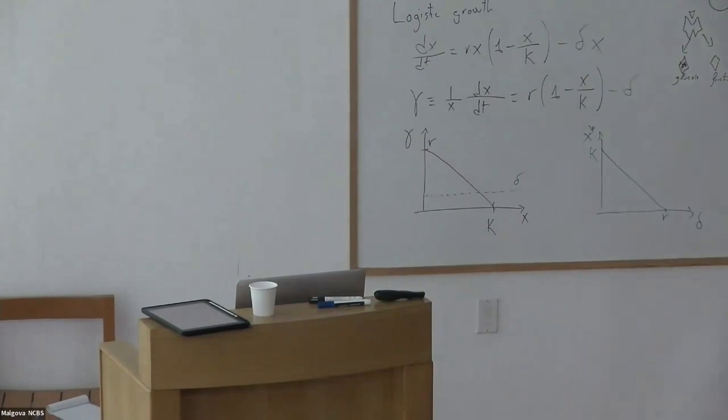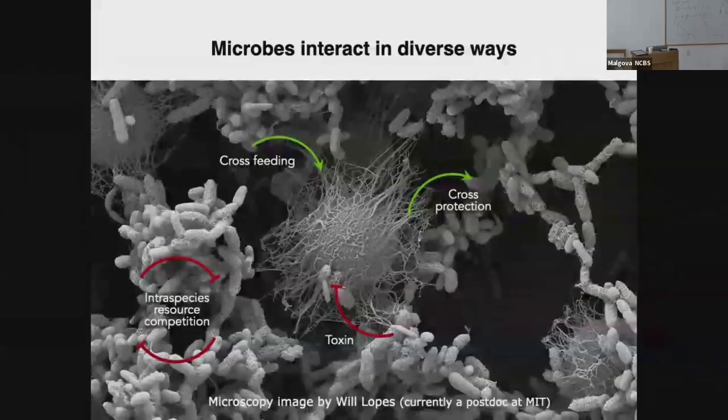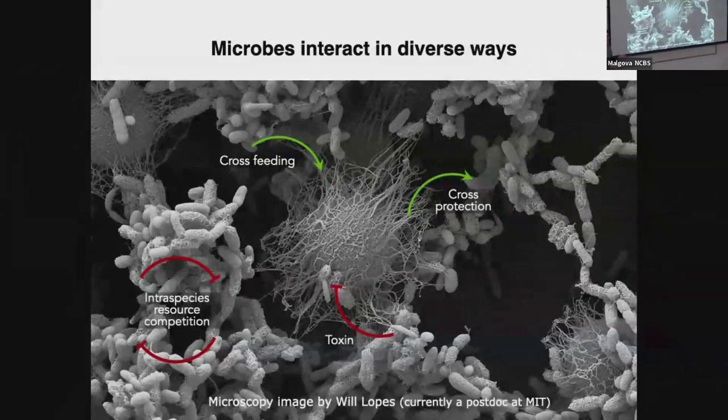It is a picture that a colleague of mine, Will Lopez at MIT, took himself with electron microscopy. And this is just to show that bacteria in nature, or even in the lab, when we have different species, can interact in many different ways.